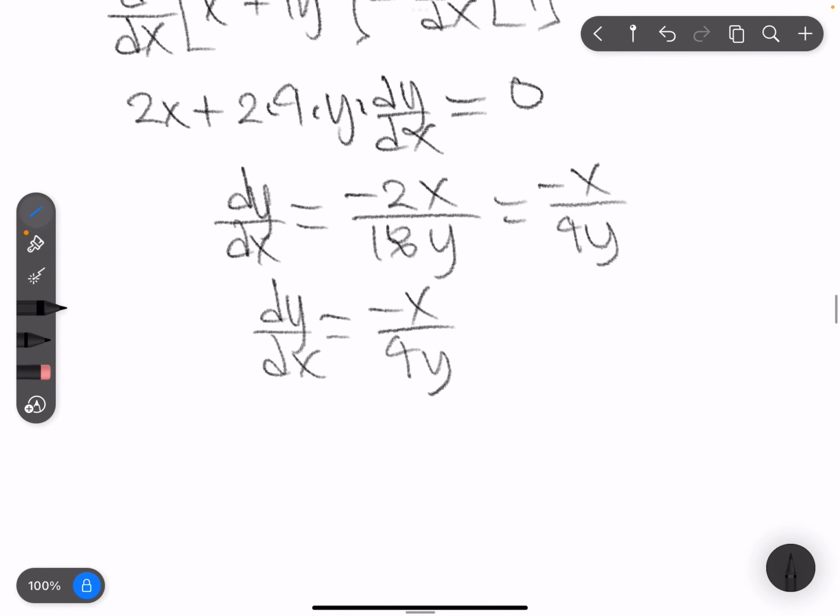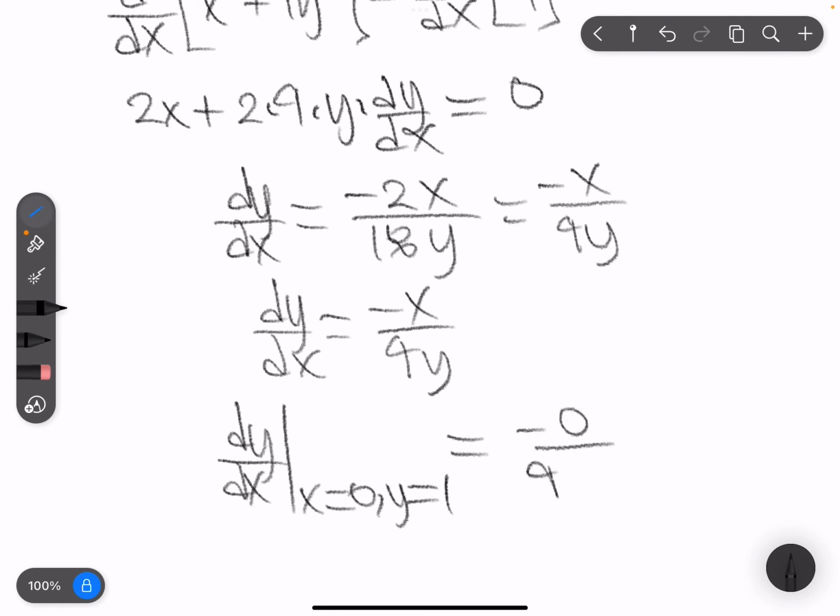And then to find the derivative at the point x, y, let's say at x equals 0, y equals 1, we're simply going to substitute 0 for x and 1 for y. It's going to be minus 0 over 9 times 1, which is just going to be 0.